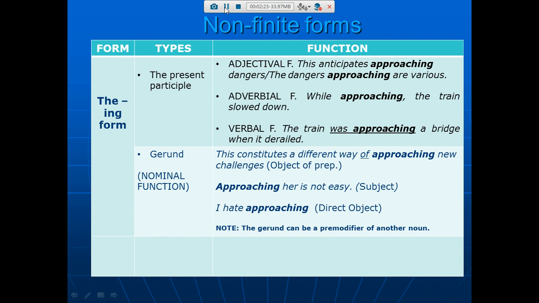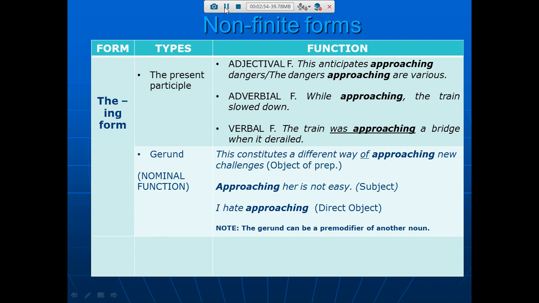The ing form in English can be a present participle, and as such, it can have adjectival function. For example, approaching in approaching dangers, or the dangers approaching are various. So here we can see the ing form, the present participle, in attributive position, approaching dangers, or in postpositive position, the dangers approaching.